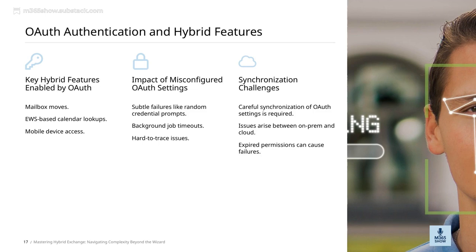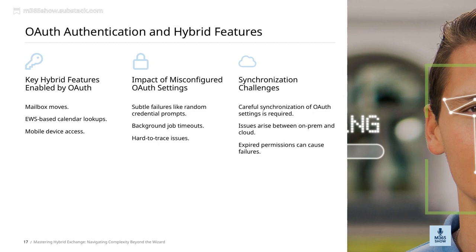Misconfigured OAuth settings can have significant impacts, especially on critical functions like mailbox moves, calendar lookups via EWS, or even mobile device access. When OAuth isn't set up correctly, these features can break or behave unexpectedly, affecting user productivity. On the flip side, properly enabled OAuth unlocks powerful hybrid features.